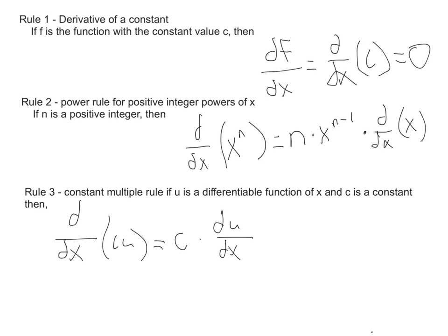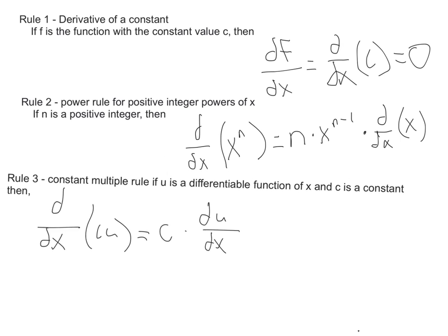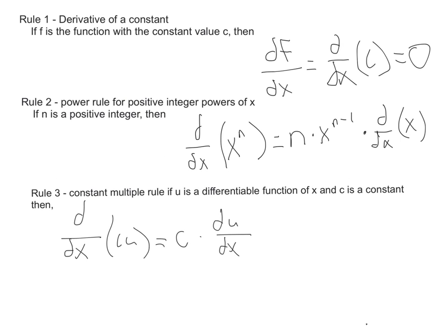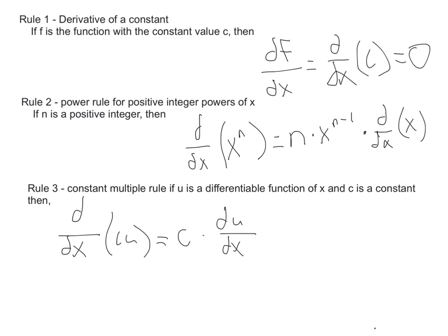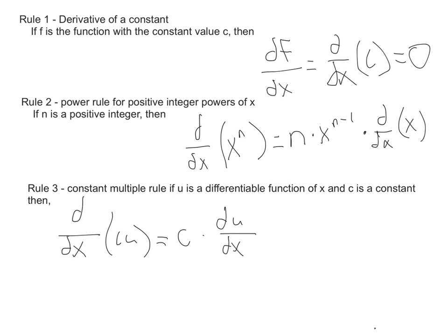Sum and difference rules. This is rule number 4. And I think common sense tells you what it should be if I want to find the derivative of a sum or a difference. It goes like this.